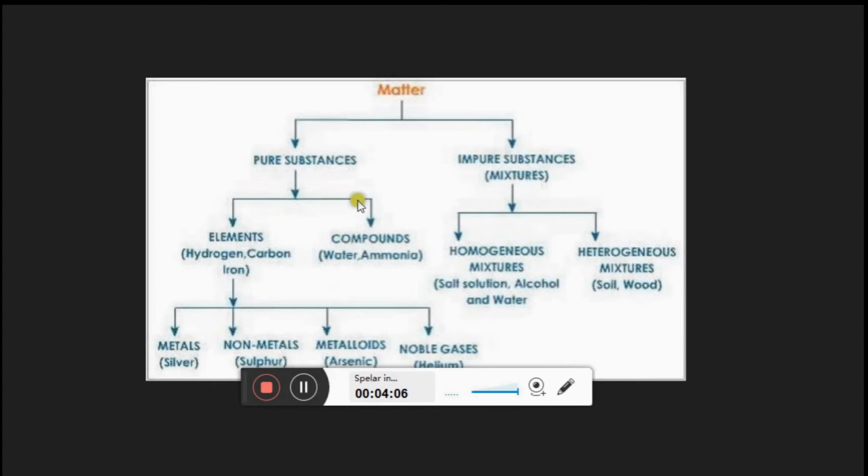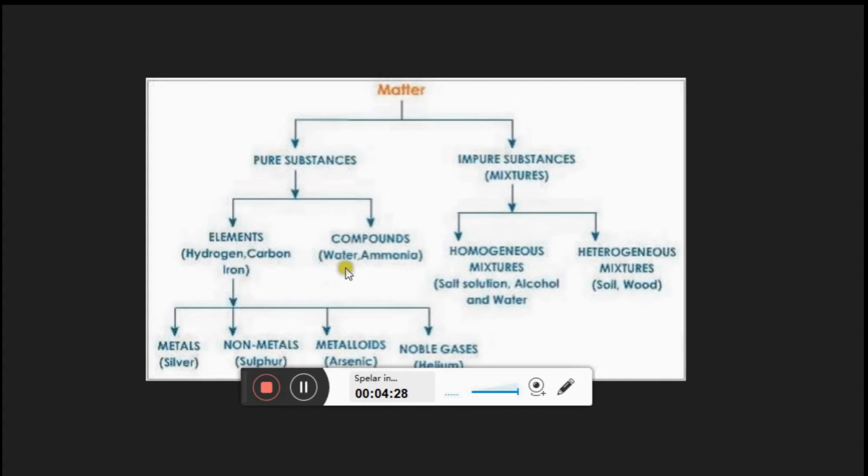Now one more division: pure substances and impure substances, that is the mixture. Examples are given here. Pure substances are divided into elements and compounds. Elements are hydrogen, carbon, iron. Compounds are formed from two kinds of things.